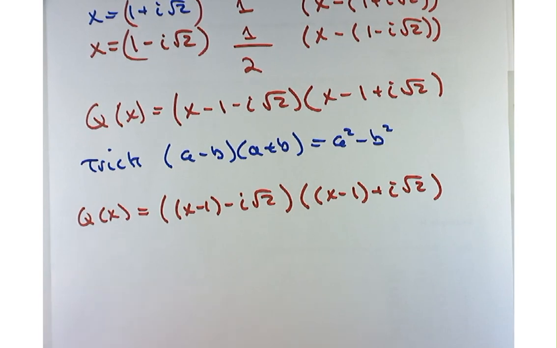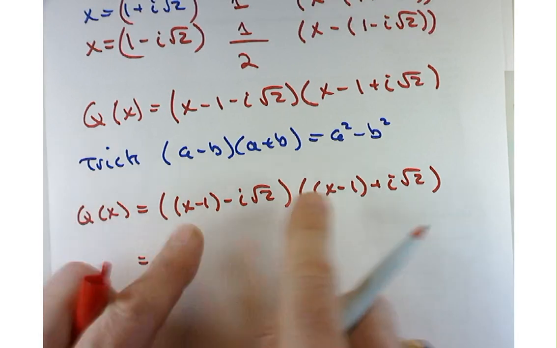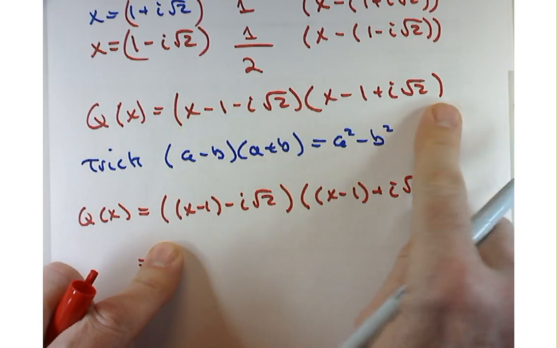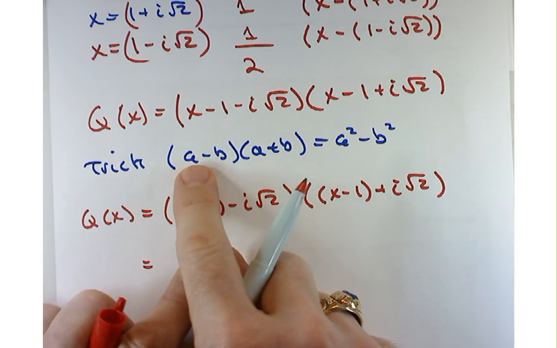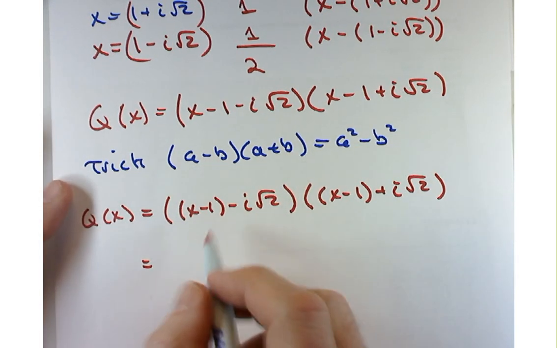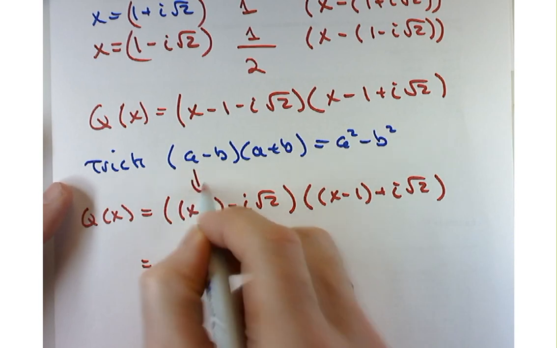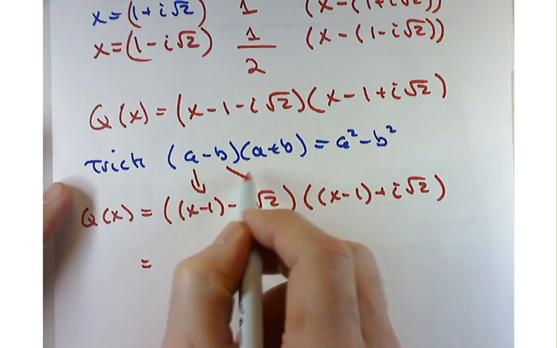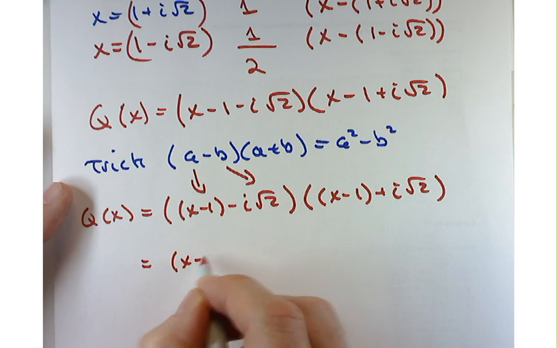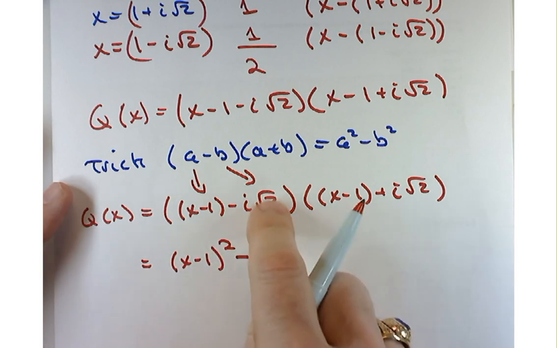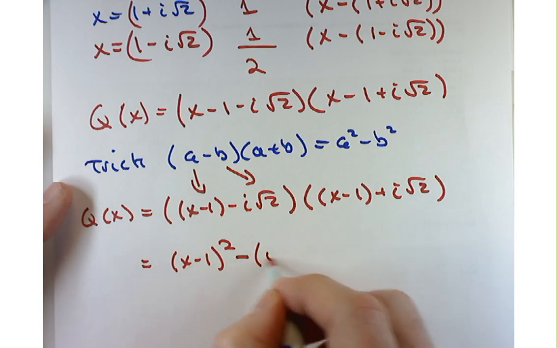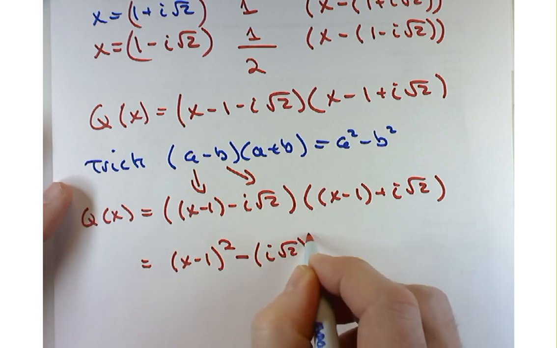Right? So instead of foiling it out and getting 9 multiplications, I'm just going to say, oh, well, it's a squared minus b squared. What's my a in this one? x minus 1. So I'll get x minus 1 squared minus b, which is i square root of 2 squared.